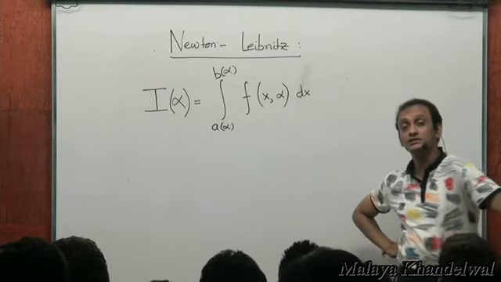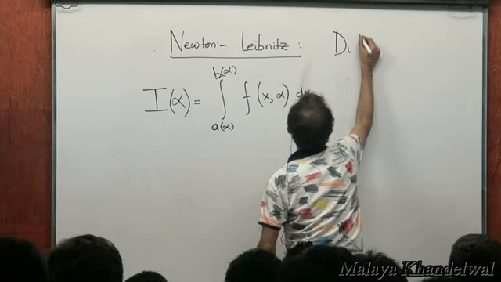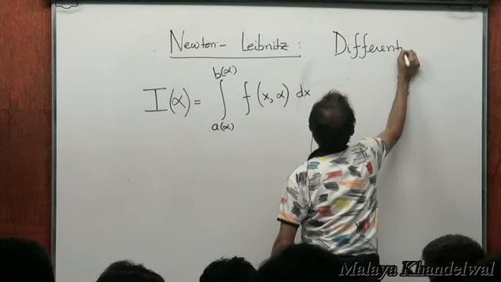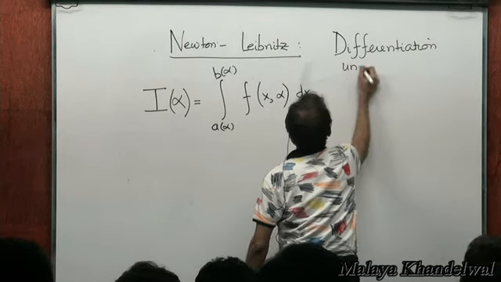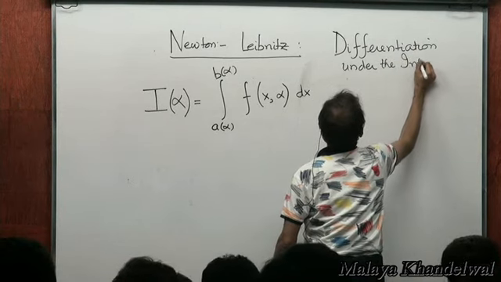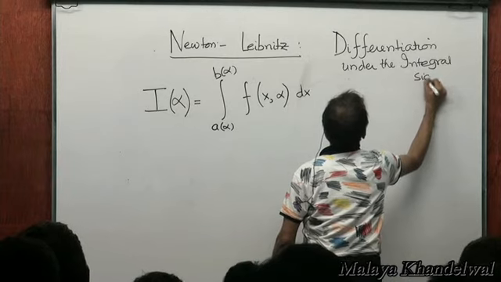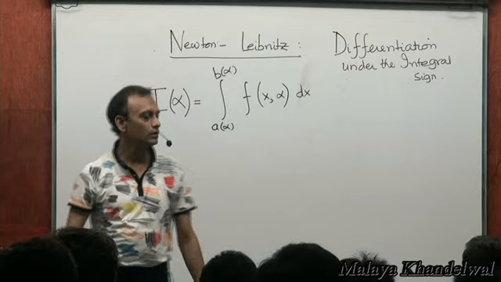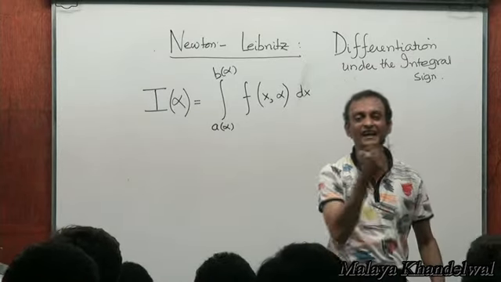Now Newton Leibniz gave us this result, which is called differentiation under the integral sign. That means I want to find dI alpha, that is I dashed alpha.